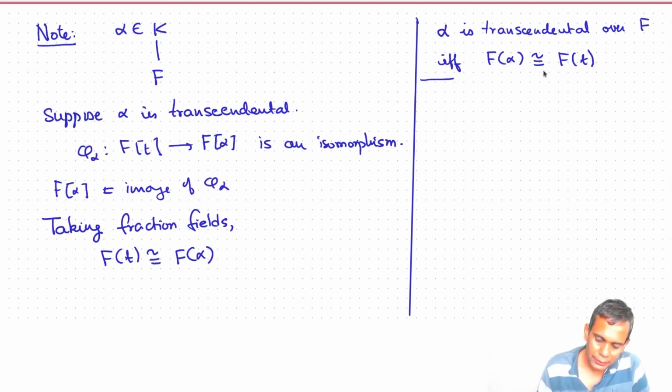So we can use this definition to directly jump to the multivariate case, and I'll give you a definition here for the generalization of transcendence for r different elements.